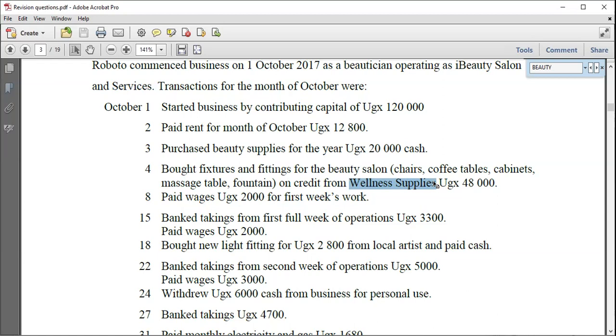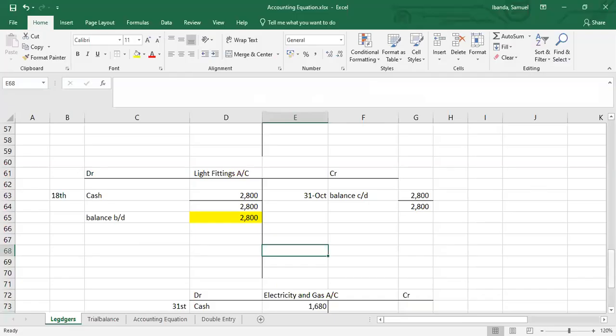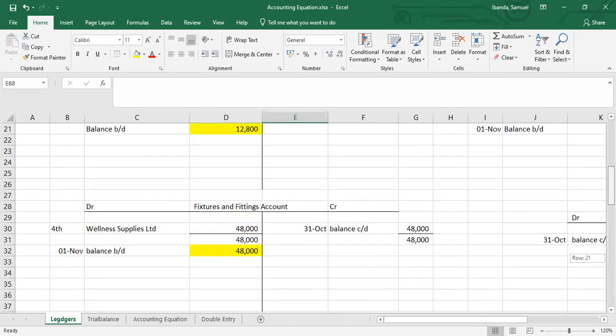I think, you know, in Uganda, you can have several companies with similar names. So because you just took the word Wellness, you end up choosing Wellness Industries instead of Wellness Supplies. Now, in that case, that would be an error of commission. So it means that when it comes to recording your ledgers, since it was fixtures and fittings, you do the right thing here.